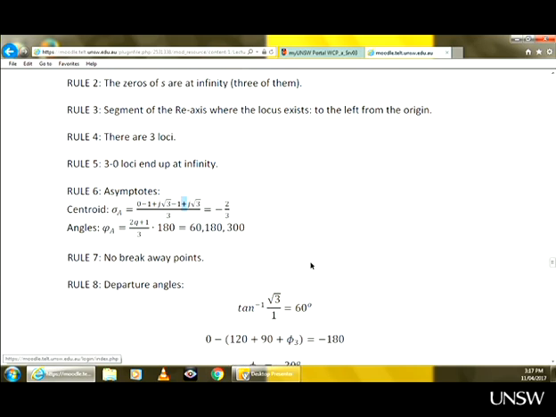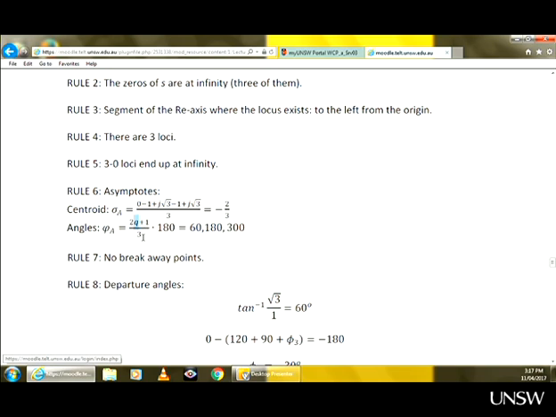What are the angles between the asymptotes and the real axis? Here's the equation. When q equals 0, then you have 1 over 3 times 180, which is 60. When q equals 1, you have 2 plus 1, which is 3 by 3, which is 1, so it's 180.